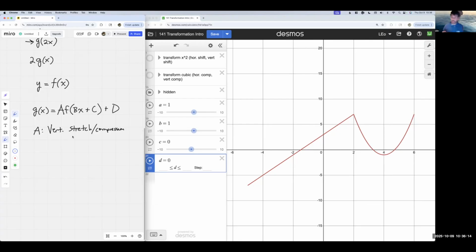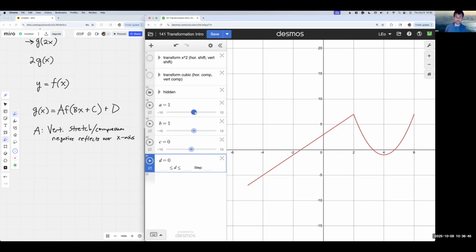It'll stretch it, it'll make it bigger when the number we multiply by is bigger than 1, and it'll compress it when we multiply by a number that is less than 1, or more specifically between 0 and 1. And we should also put in here that a negative reflects over the x-axis, right? So let's see all this in practice.